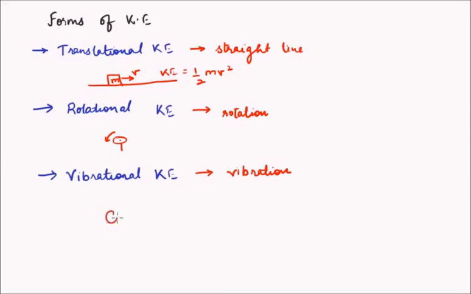Let's say there is a system like this, and this is a spring and there are two masses attached. This compresses the spring and that results in the development of restoring force, which again leads the mass to move in the opposite direction. This process keeps repeating, that is, it keeps fluctuating about this mean position, which is termed as the vibrational kinetic energy, because this kinetic energy manifests itself as a form of vibration.